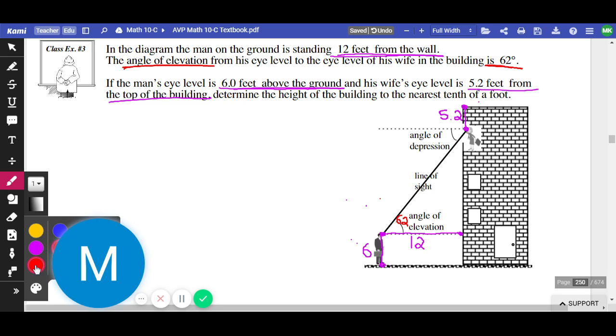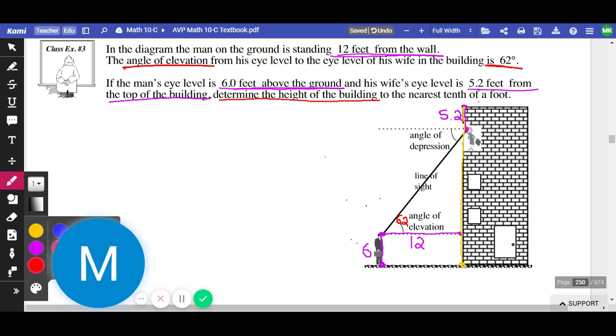Determine the height of the building to the nearest tenth of a foot. So what I need to look for is the height of the building. The height of the building goes from here all the way down to here. And you'll notice that within that, there's chunks.